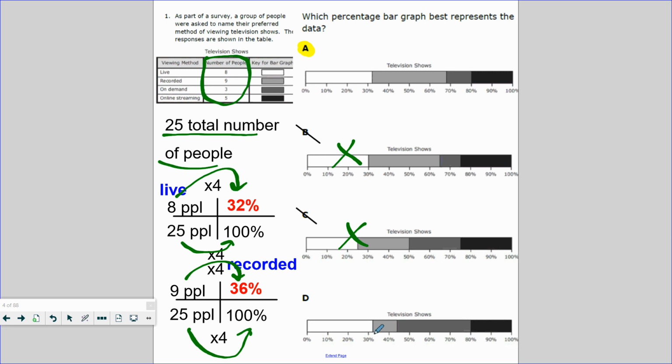This only ranges from like 32 to 44, 12%. So A makes sense. When you're seeing a table like this, find a percent, and then look at the sizes. As you can tell, recorded should be the greatest, then live, then online streaming, then on demand. So you could actually solve it without using percents.